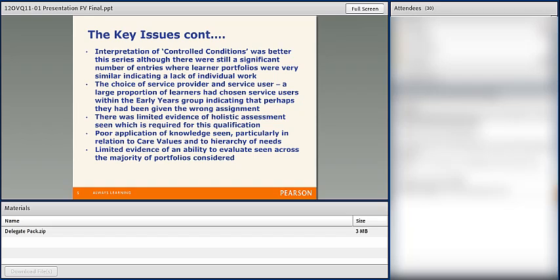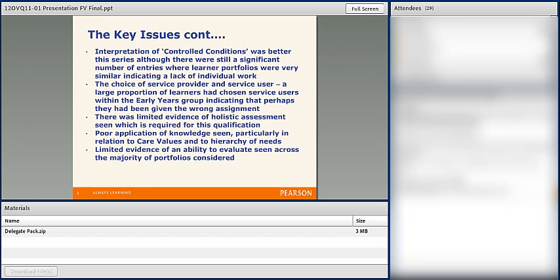It is quite important and even more difficult to get it right now that the qualification has become linear. And again, I will look at that in a little bit more detail later. But that was one of the issues from last year, and what it means is if they've been given the wrong assignment, then they don't necessarily meet all the requirements of the tasks, because the tasks do change.